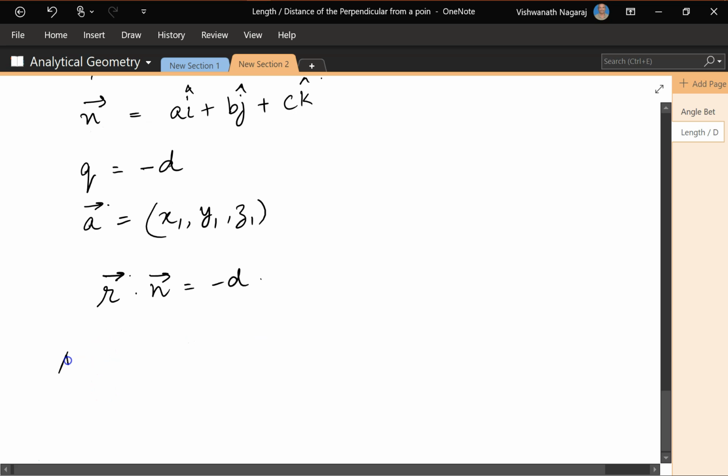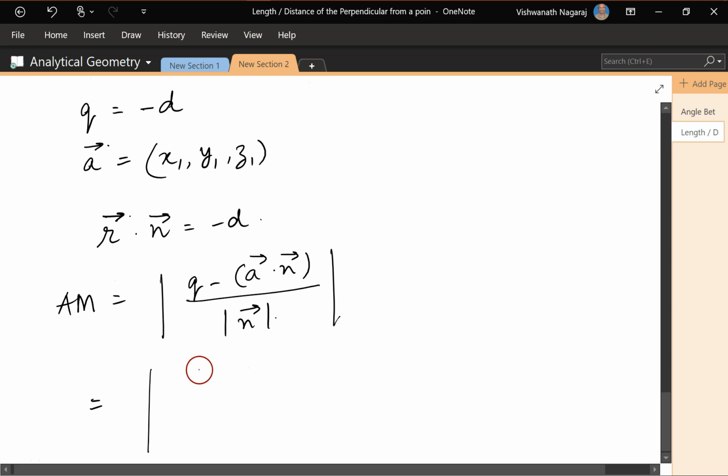Okay, now we already know the perpendicular distance. The equation is q minus A dot n divided by magnitude of n. So let's do the substitutions. q is minus d, minus A dot n.